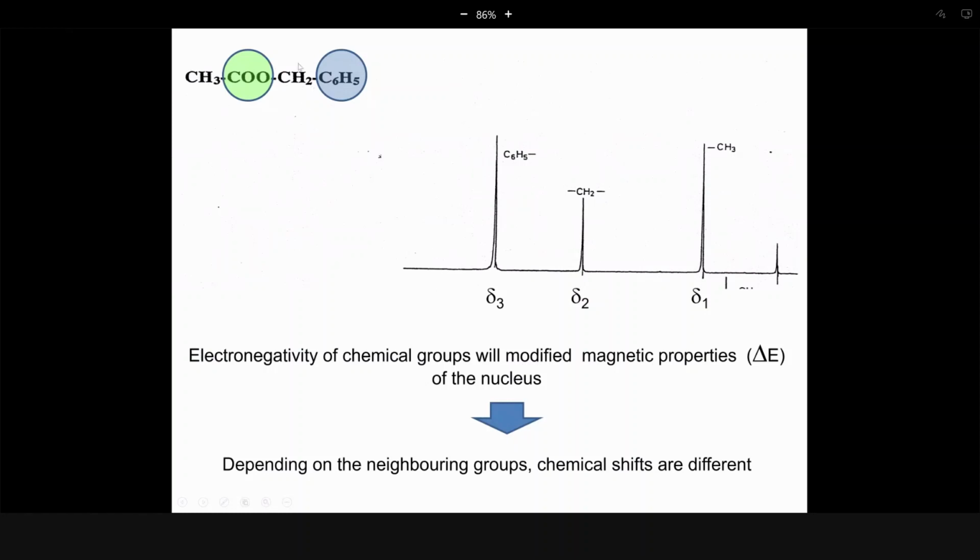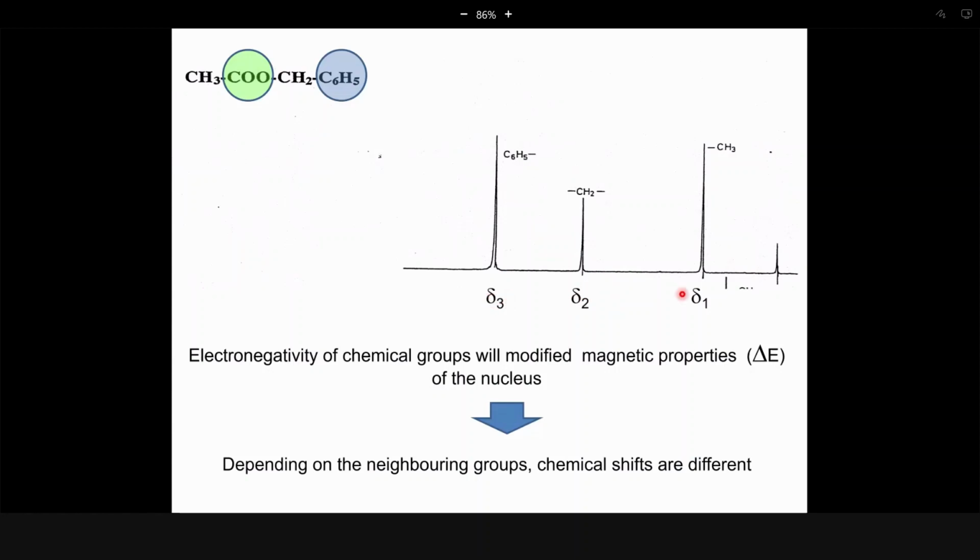And the CH2 here is between the effect of the aromatic ring and the effect of the ester group, with the directly linked oxygen here. So I can observe 3 groups of protons on the spectrum. Each of them has their own chemical shift.